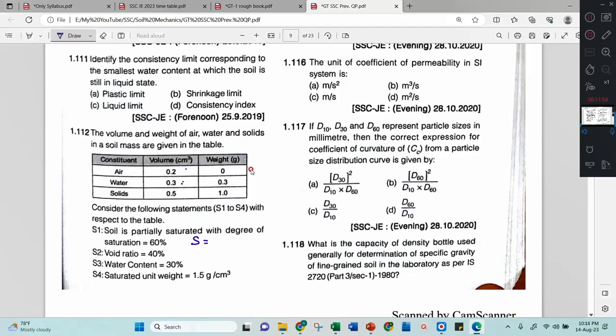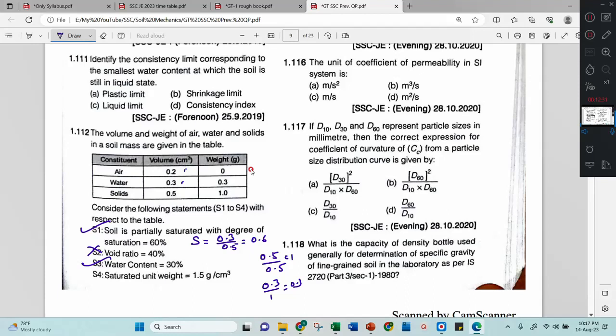Water by voids, that is 0.3 by 0.5. Am I right? 0.6, correct answer. Yes is right. Void ratio is 40%. 0.5 by 0.5 becomes 1. Therefore this yes is wrong. Water content 30%. 0.3 by 1, 0.3, correct answer.